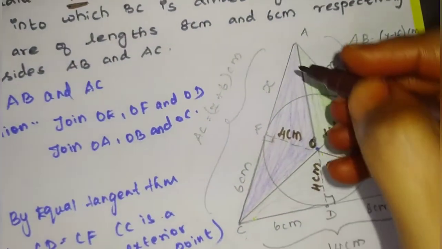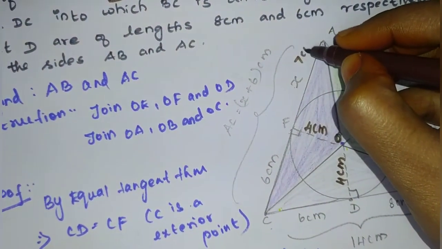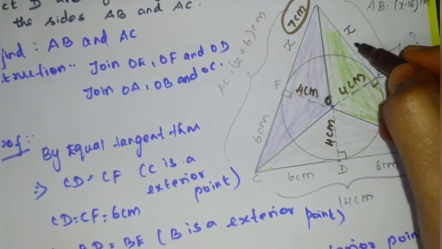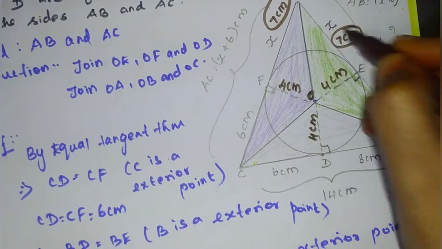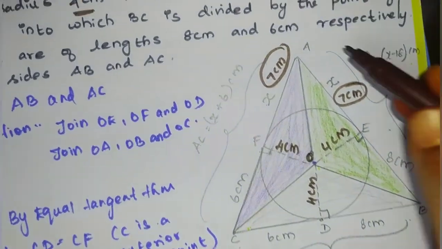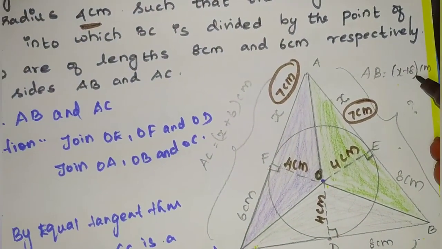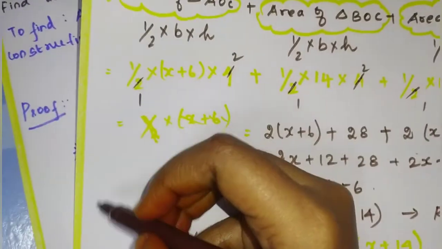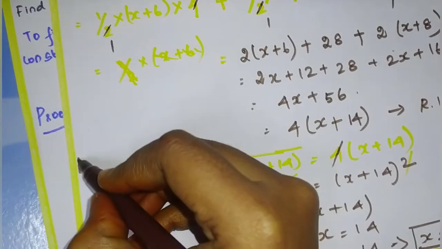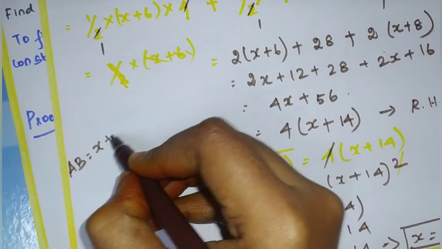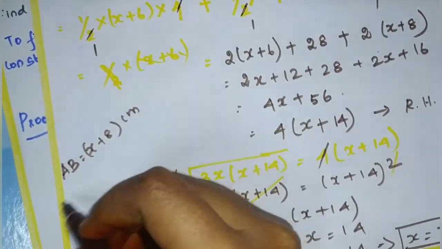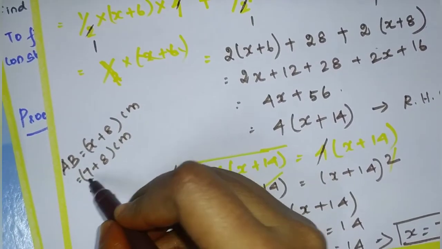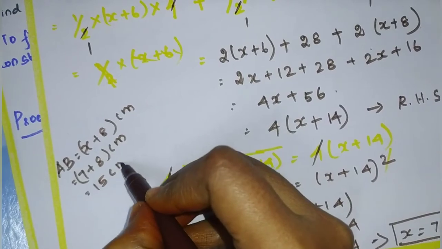See here, if x is equal to 7 centimeter, then what is the side AB? AB is equal to x plus 8, no? So AB is equal to x plus 8 centimeter. 7 plus 8 centimeter. So the answer is 15 centimeter.